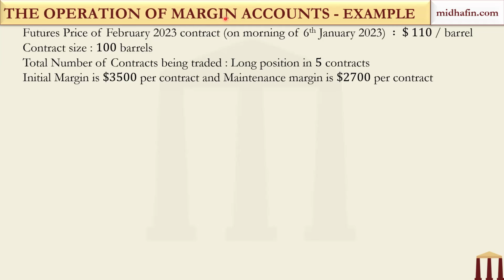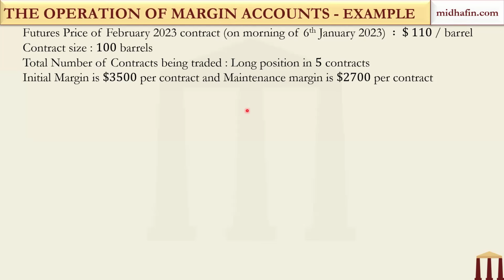The exchange knows that within a matter of hours the movement can be so drastic that the entire margin account balance can be wiped out. That's why they increase the initial margin and maintenance margin requirements. But for the sake of simplicity, we are assuming that the margin stays constant. This example has been constructed just to make the calculations simple. Otherwise, the margins also change.